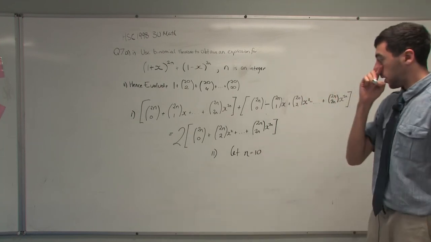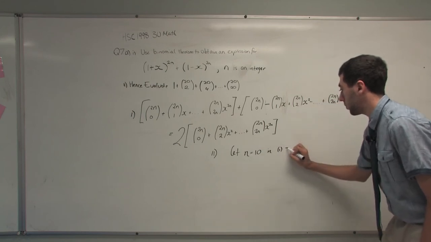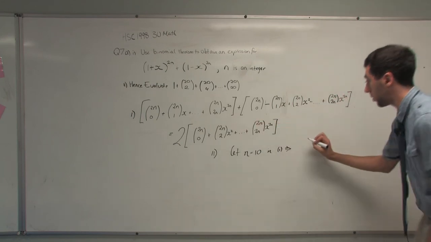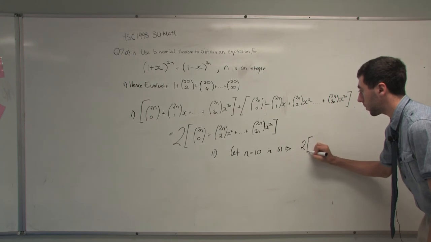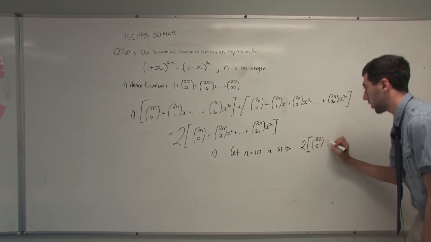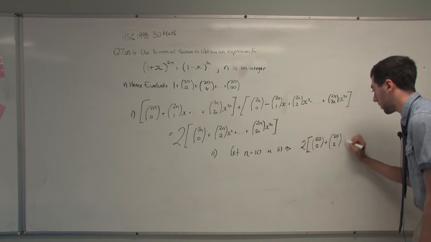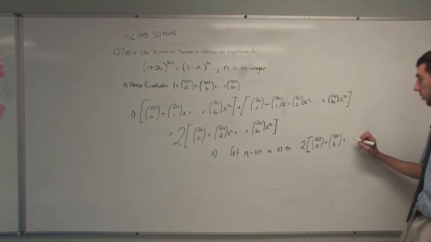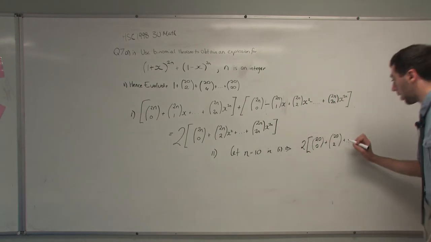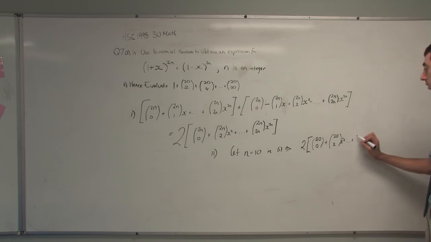Because now, from part one, this will convert our expression to 20C0 plus 20C2 x squared, plus all the way up to 20C20 x to the 20. Sorry, there was meant to be an x squared here because you haven't taken the x's out yet.